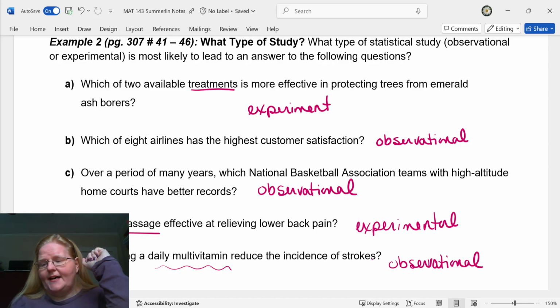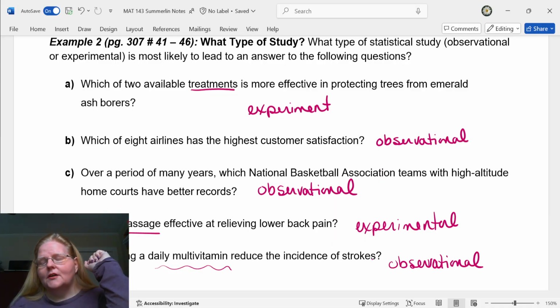How do we decide if it's going to reduce the incidence of strokes? We're going to wait and see who strokes out and who doesn't? You can't do that. You can't wait and see who dies. That's not nice. It is considered unethical. You cannot kill someone for a statistical study. It's wrong. Don't do it.